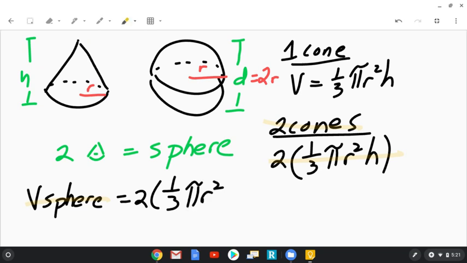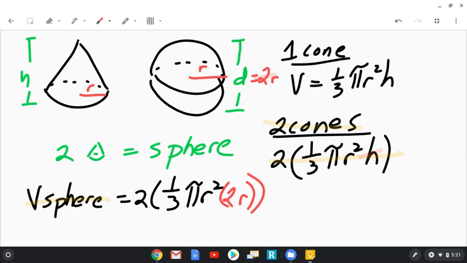But guys, instead of h, I can now substitute 2r, because the diameter is equivalent to the height, and 2r is the same as my diameter. The reason I'm going to do that is because now I have everything in terms of r.